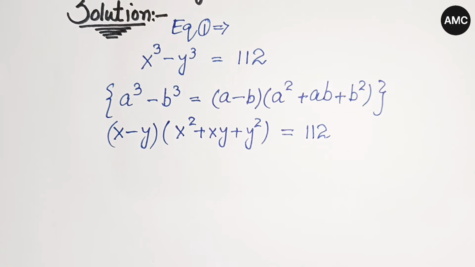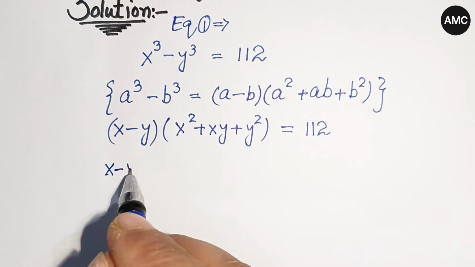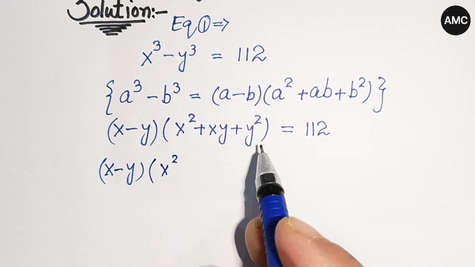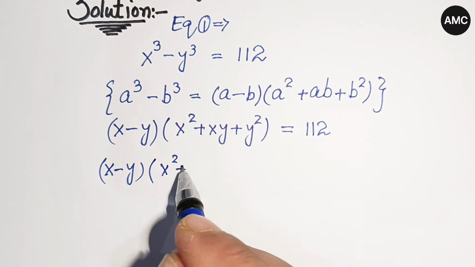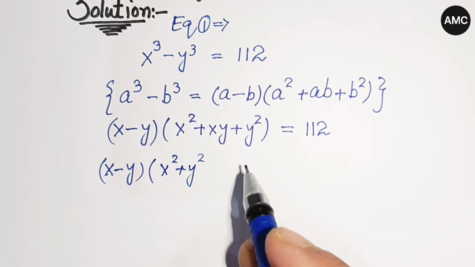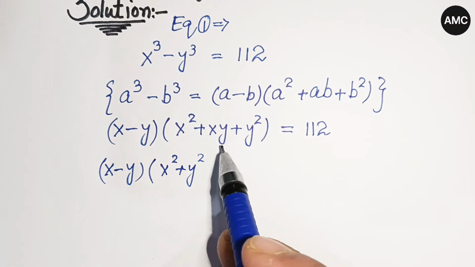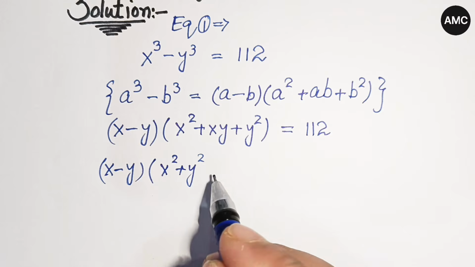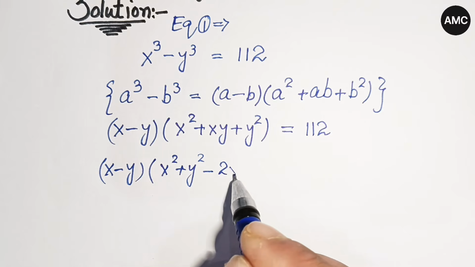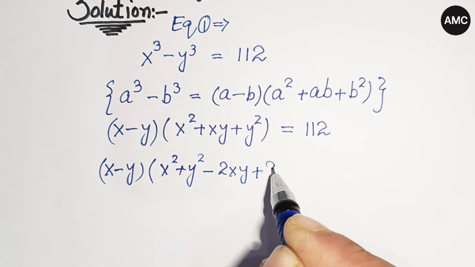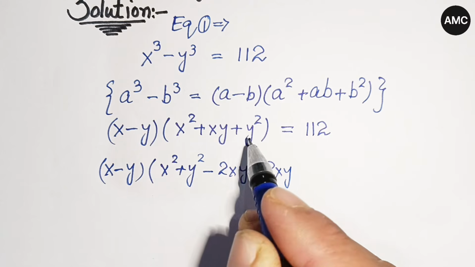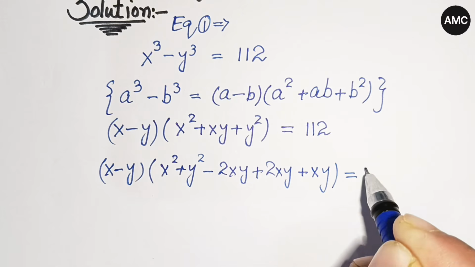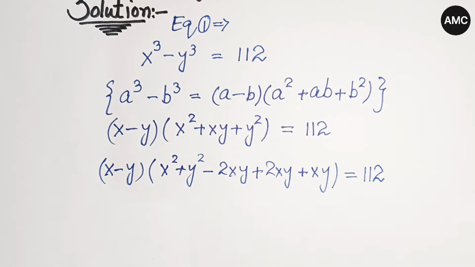Now here x minus y, and here x squared, and if we rearrange this one, plus y squared, then to make a perfect square we have to add and subtract 2xy here. So subtracting 2xy and also adding 2xy, and here it is plus xy, so it is equal to 112.